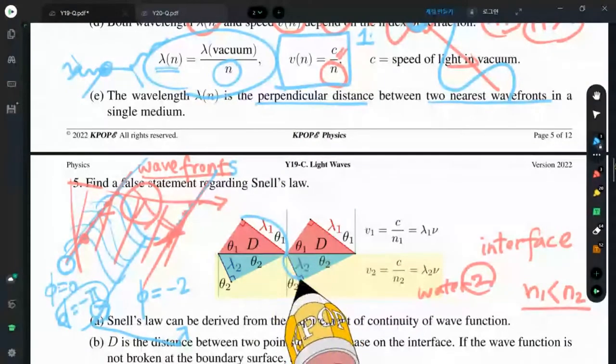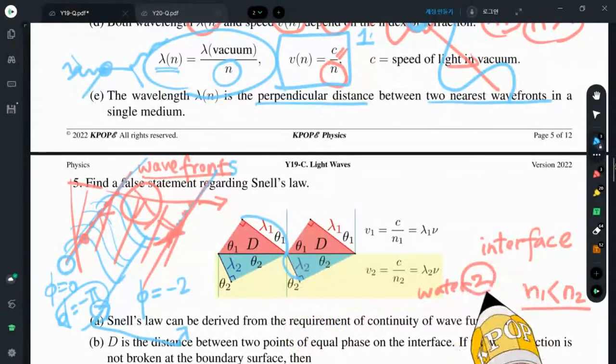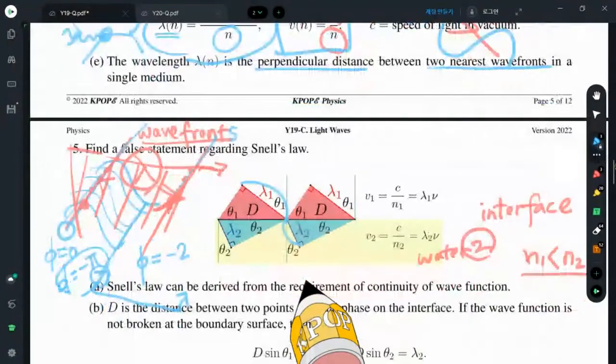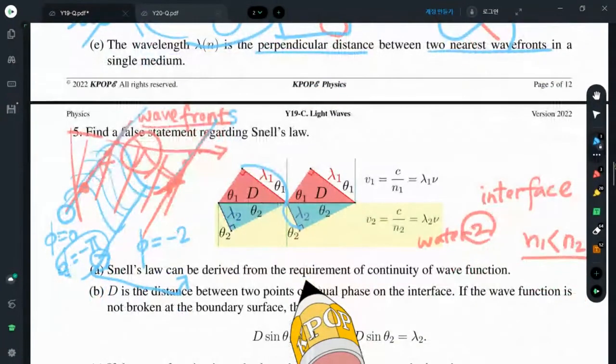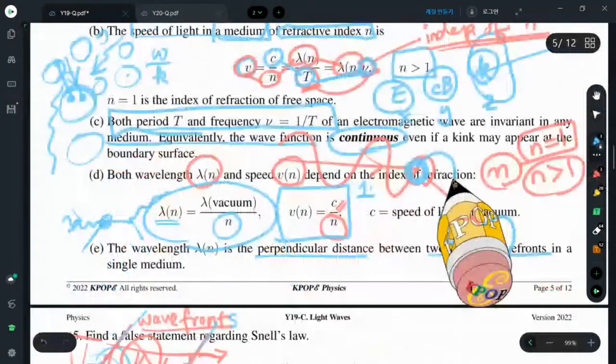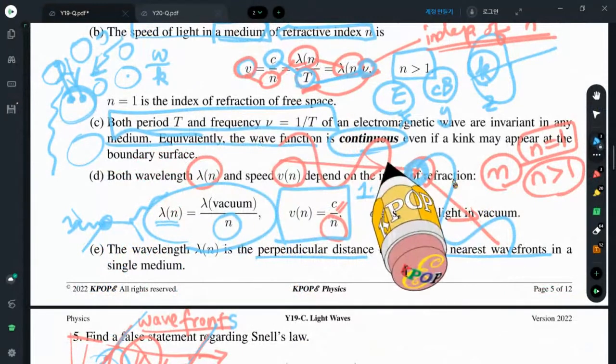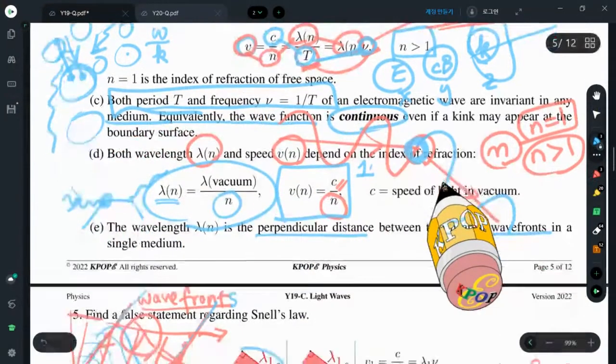So here we have identified the wavelength inside medium 2 to be lambda 2. And I told you the frequency and period of oscillation are invariant in two media.